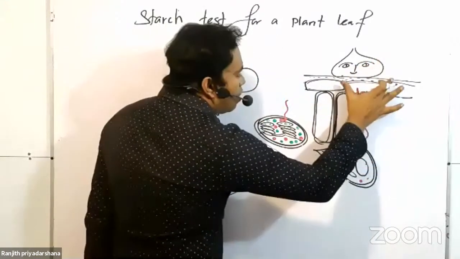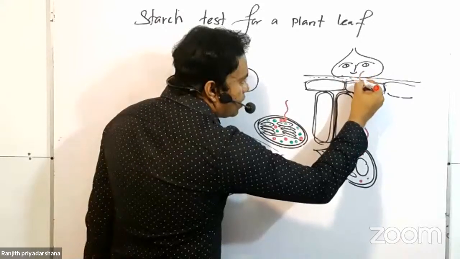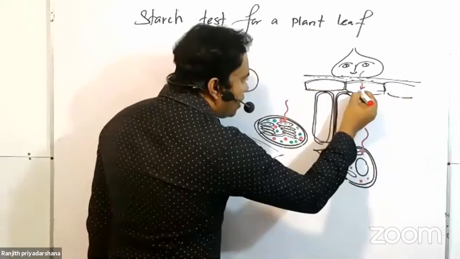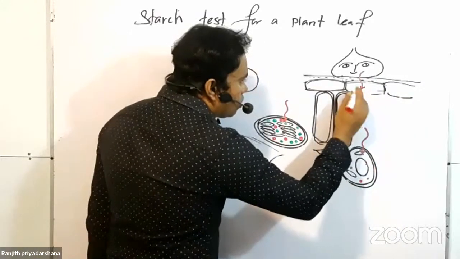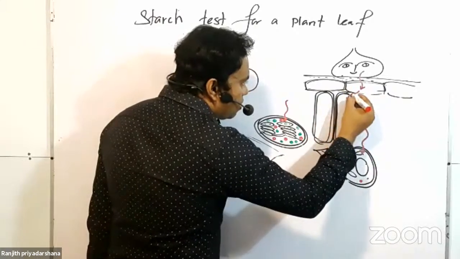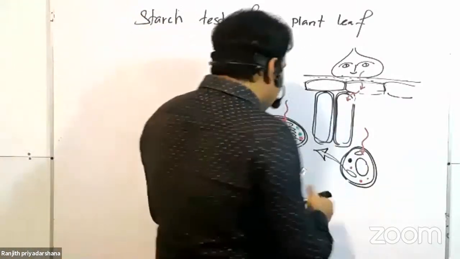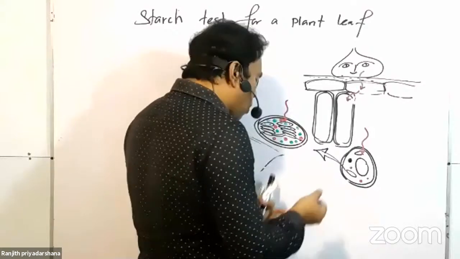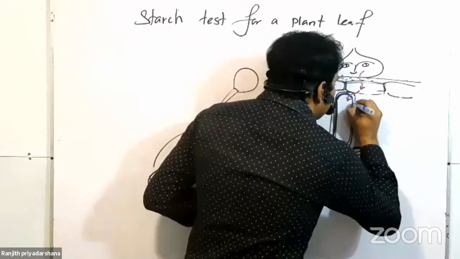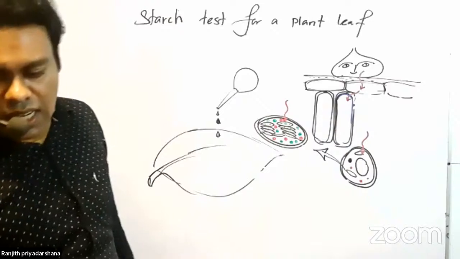The iodine first has to go through this epidermal cell layer, then it has to go through the cell wall of the palisade mesophyll. The cell wall can be penetrated. If it penetrates the cell wall, the next thing it has to go across is the plasma membrane. But it is impossible because this is a living cell.